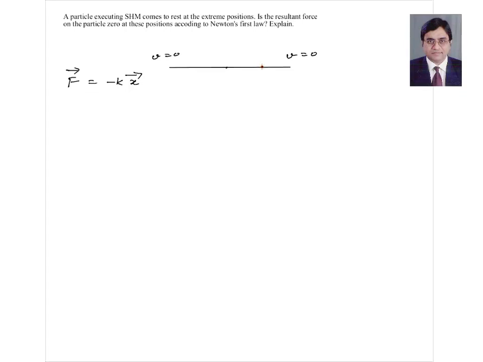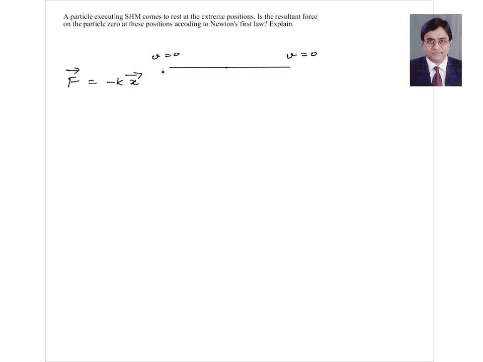But sometimes students do make this mistake, that at extreme positions there is sometimes a feeling that it is equilibrium. Sometimes mind relates equilibrium word to V equal to 0. That's the problem.